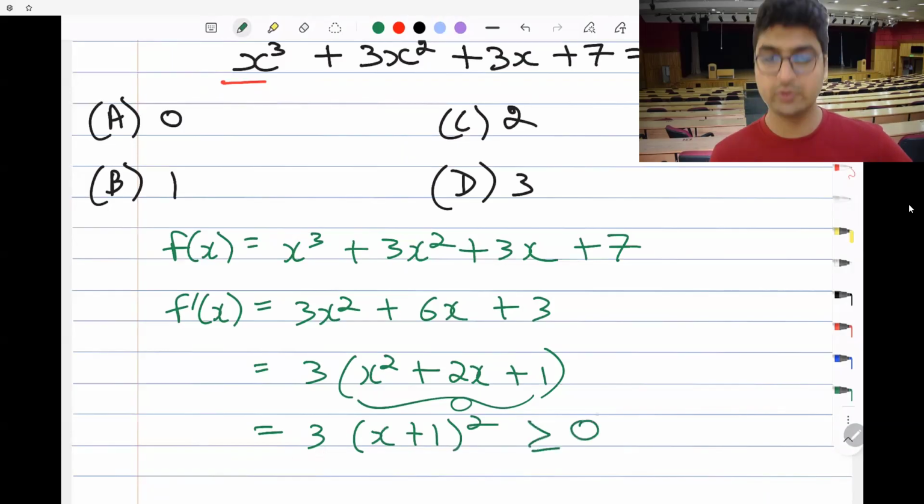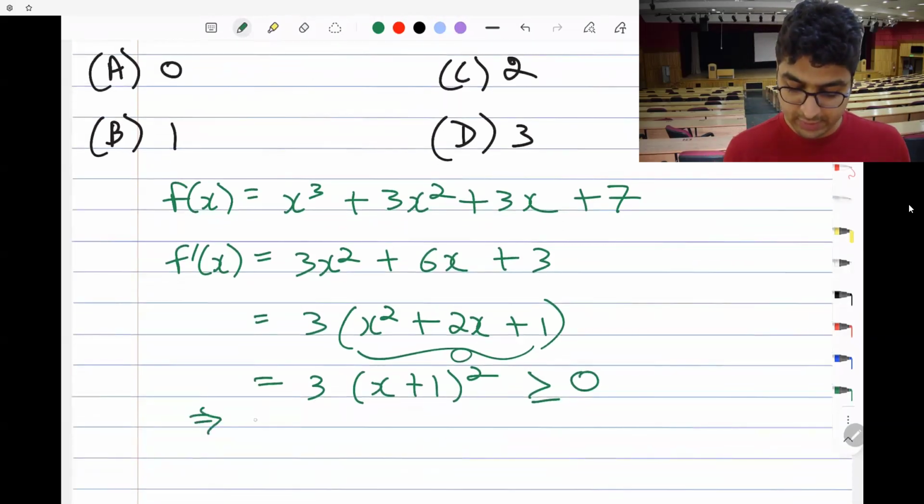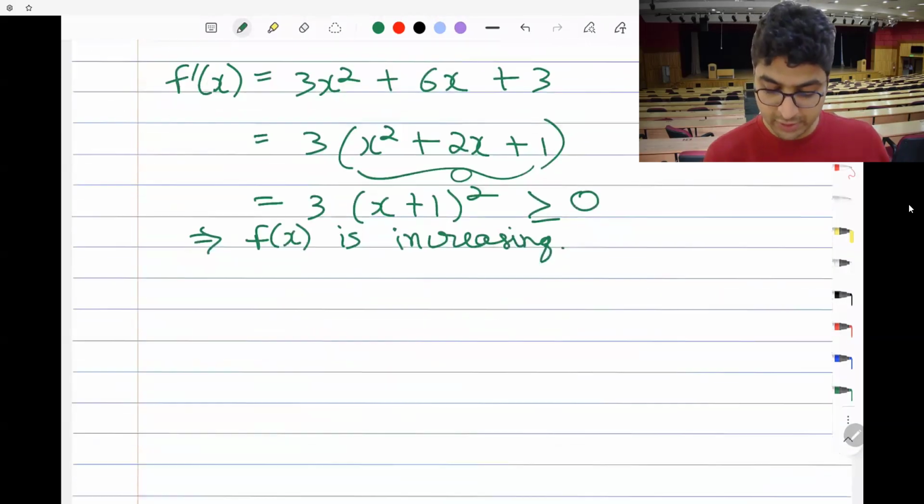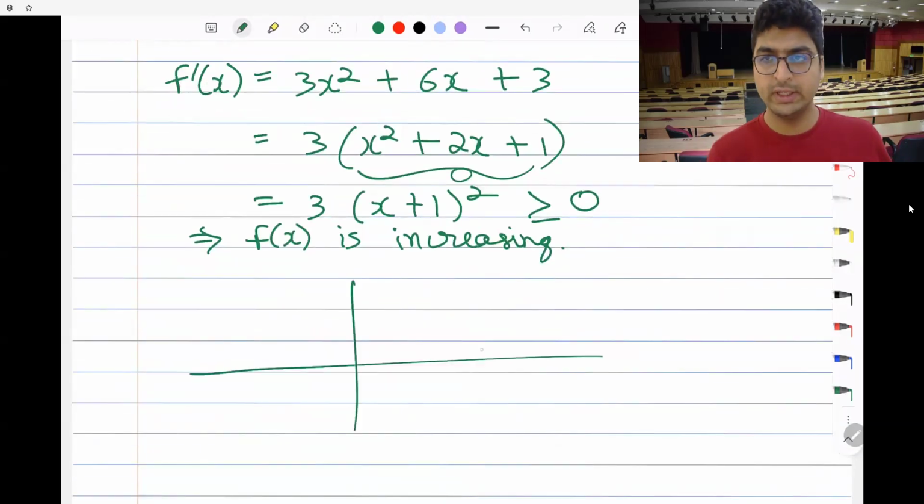So this thing is greater than or equal to 0. So this function is an increasing function. f(x) is increasing. So if a function is increasing, obviously it can cut the x-axis at most once. Either it will pass above it entirely, or it can cut the x-axis once. Okay, so now either there will be one real solution or zero solutions, and no other option.